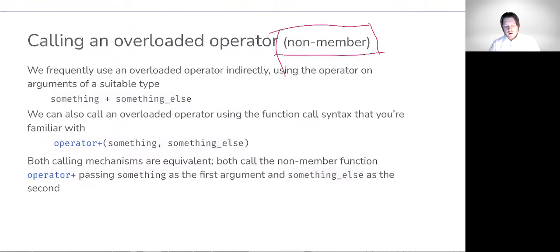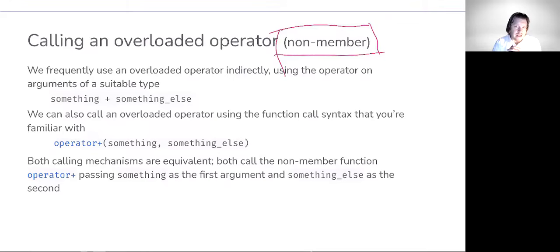So we frequently are going to use an overloaded operator indirectly, using the operator on arguments of a suitable type. So, for addition, it might be writing something like something plus something else. We can also call an overloaded operator using the function call syntax that you're familiar with.